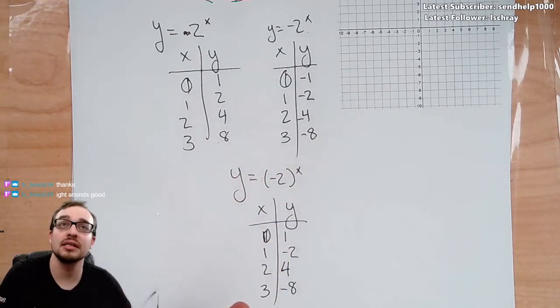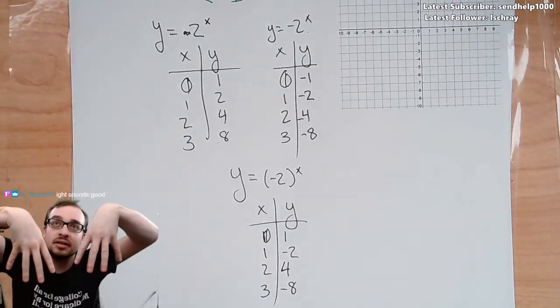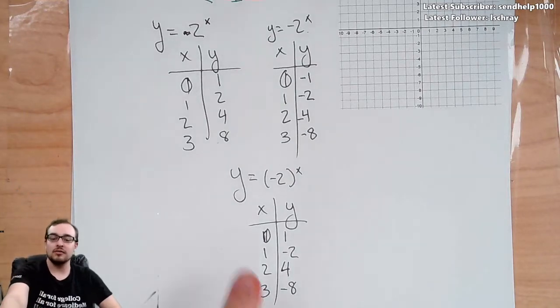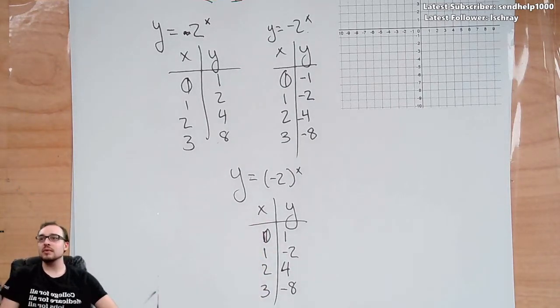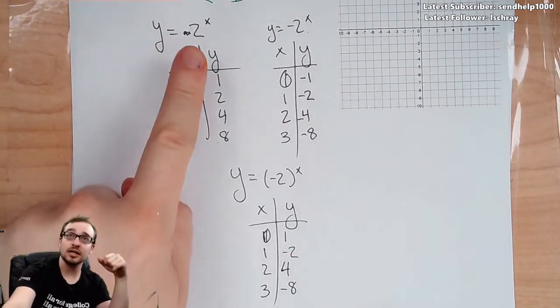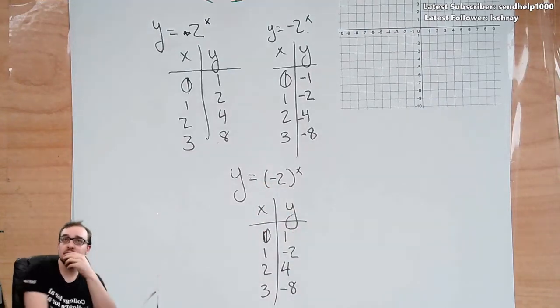Negative 2 cubed is negative 2 times negative 2, which is positive 4, times negative 2 again, negative 8. So watch out for those parentheses. I'm going to pause for station identification. We see the difference between 2 to the x, negative 2 to the x, and the quantity of negative 2 to the x.